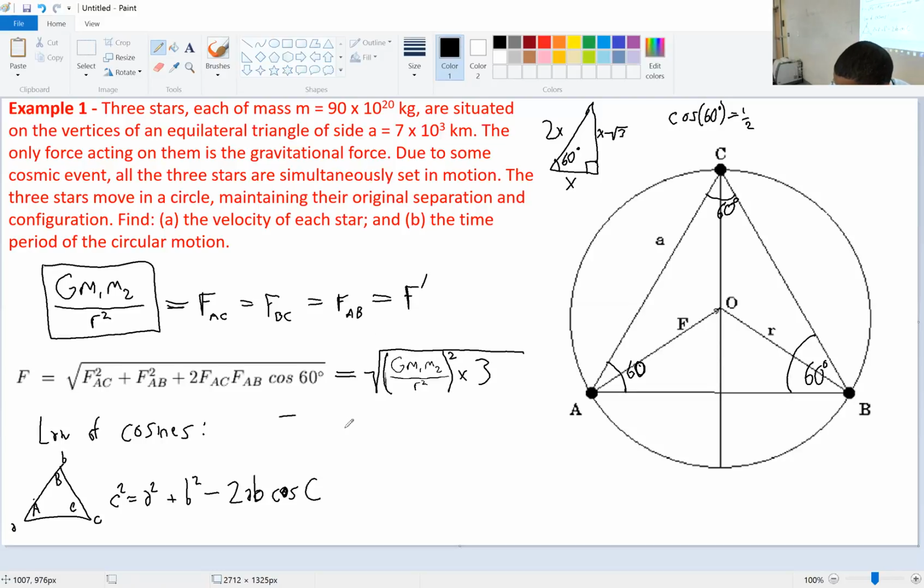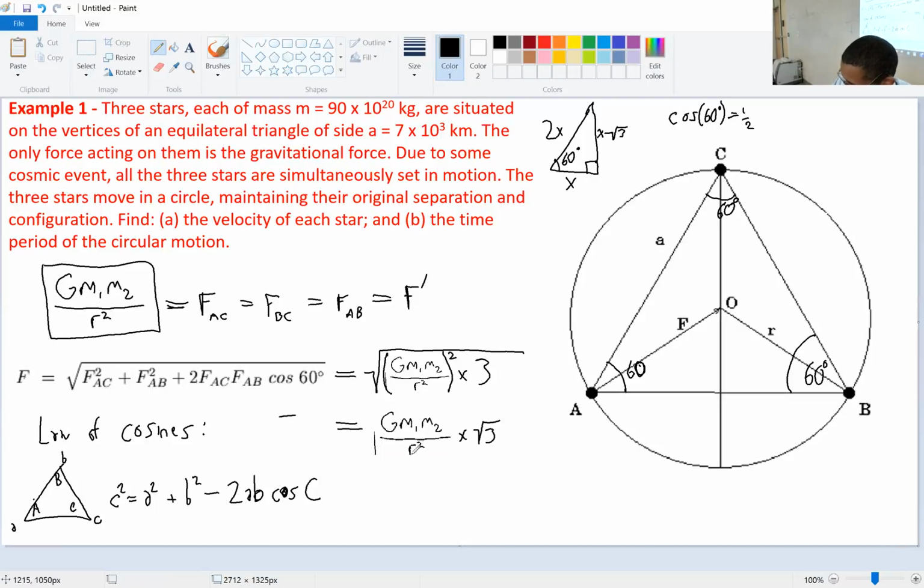So you take the square root of that, and then you have this part. But then you multiply that by not 3, but the square root of 3. And that's how you end up getting that part.